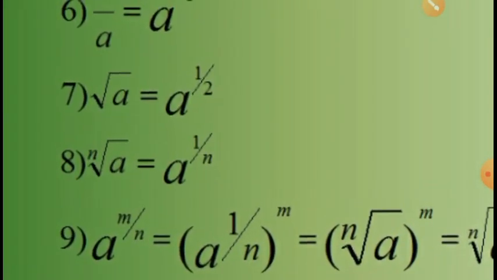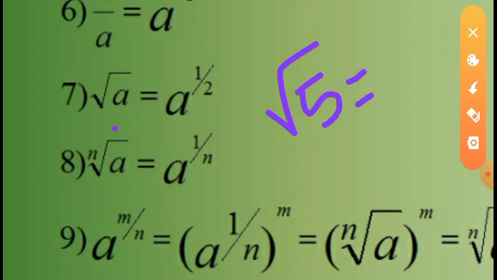Root a is the same as a raised to 1 by 2. That means if I write square root of 5 in terms of exponents, it will be 5 raised to 1 by 2. Clear?